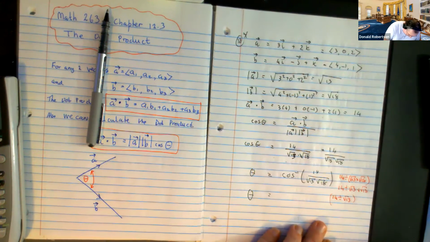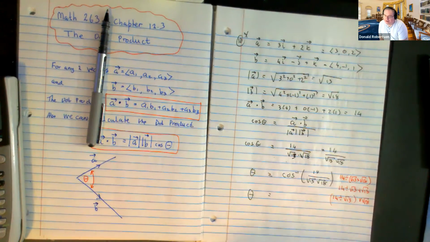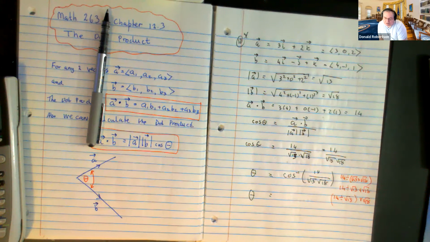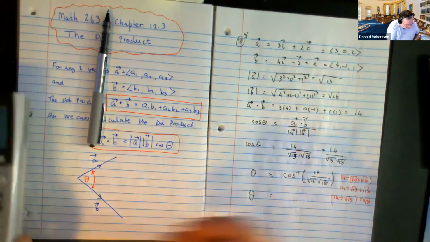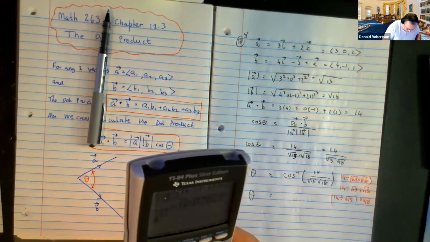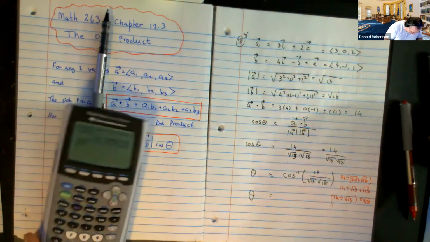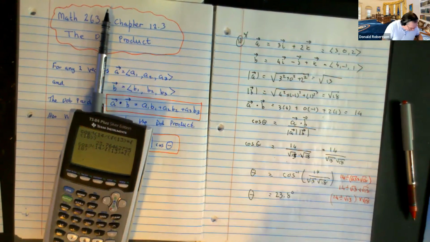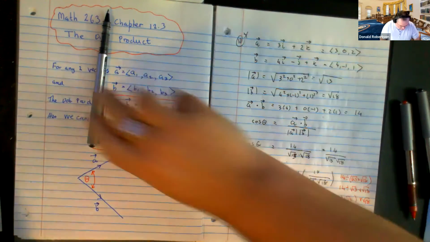Then it thinks I want to do that. Because that's how it's going to interpret the calculation. If there are no brackets, it does it from left to right. Can you see that that's going to generate an answer bigger than 1 and you can't get inverse cosines? So I guess the moral of that story is sometimes you have to be careful about brackets. And 23.8 is the answer to 1 decimal place. So we're cool with that.